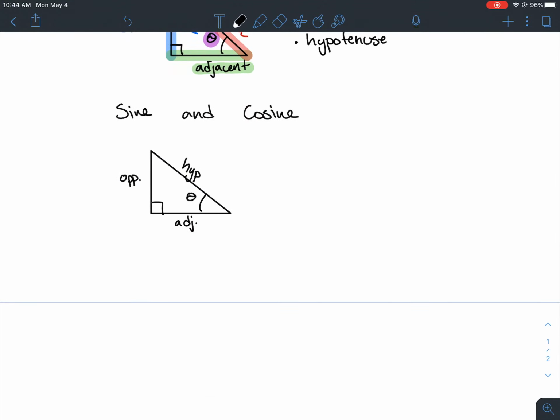So we're going to use that to our advantage, and we're going to say the sine of some angle, we don't know what it is yet, it's our reference angle, is always equal to our opposite side divided by our hypotenuse.